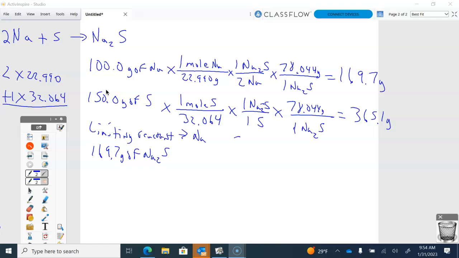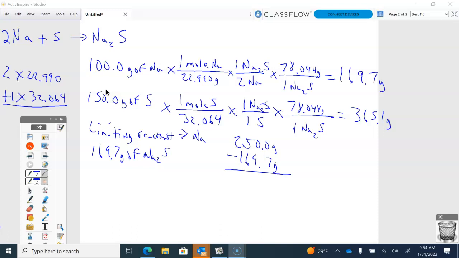And how much did I make? 169.7 grams is how much I made. And whatever's left over is going to be that sulfur that's just sitting there doing nothing.